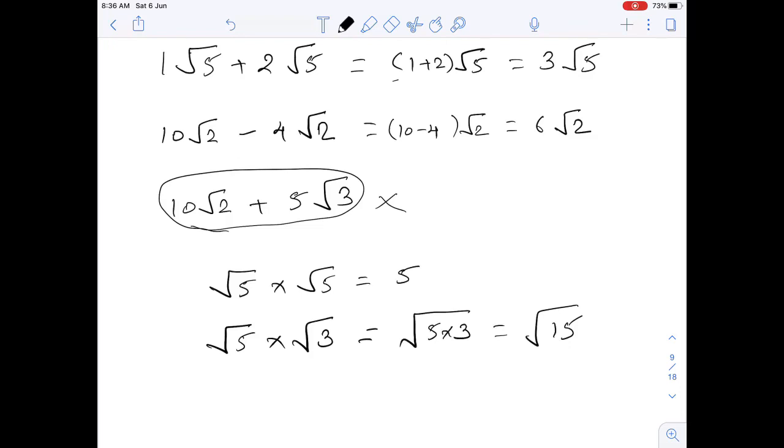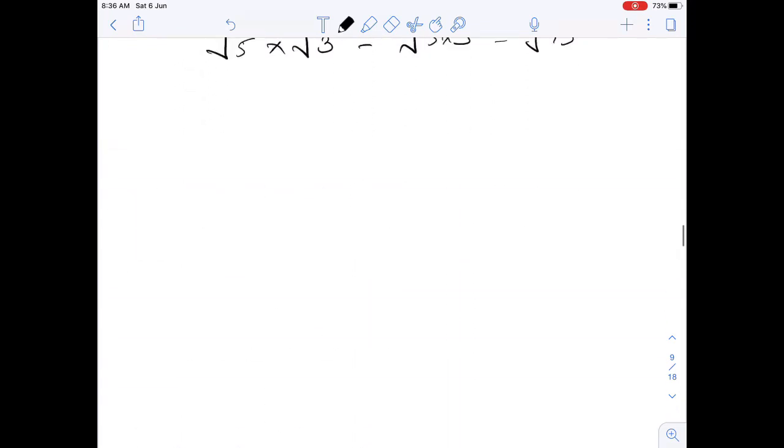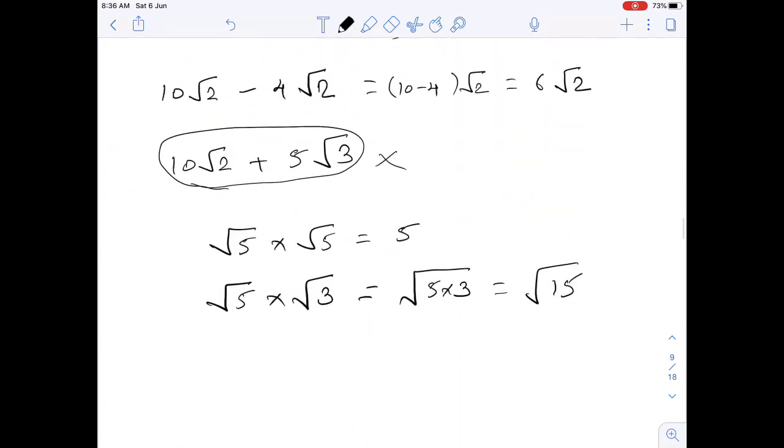Is it clear? Let us consider one more example of this type. Suppose we have root 10 into root 12, so it will become under root 10 into 12, that is root 120. This we will learn further as a rule.